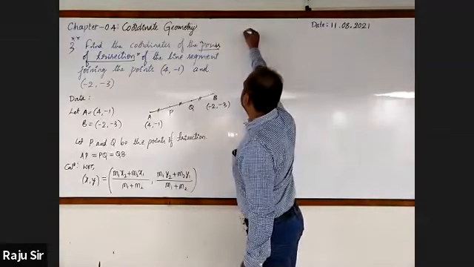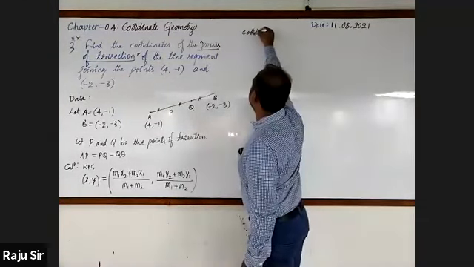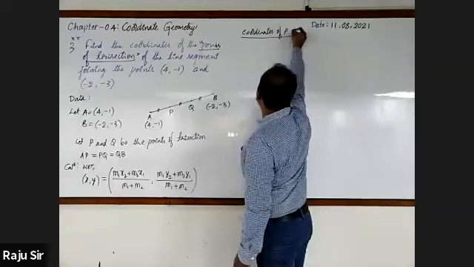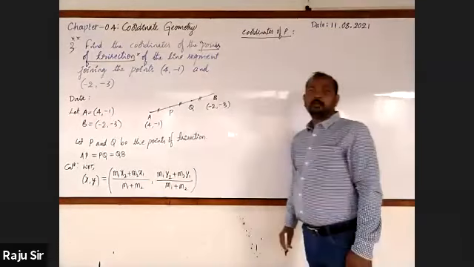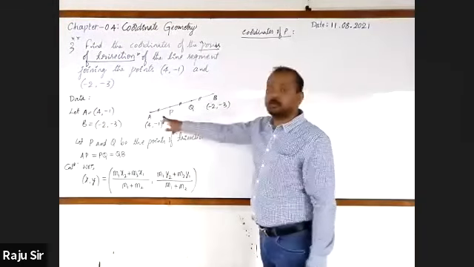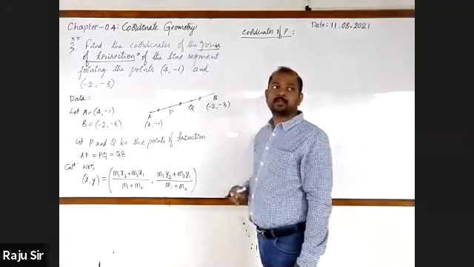First, I'll take coordinates of P. To find coordinates of P, you must know the ratio. What is that ratio? 1 is to 2.